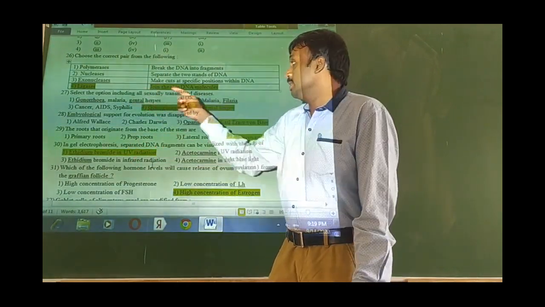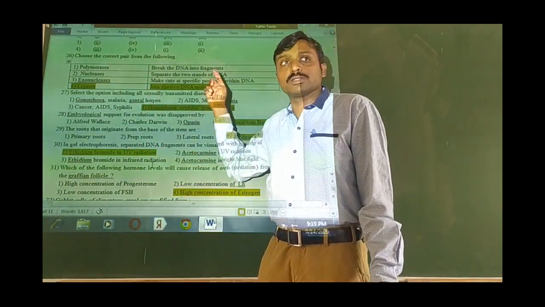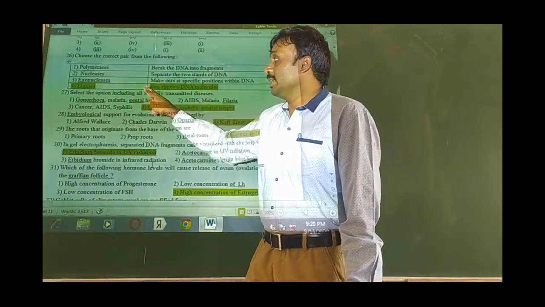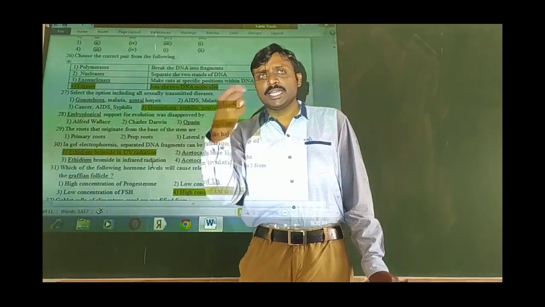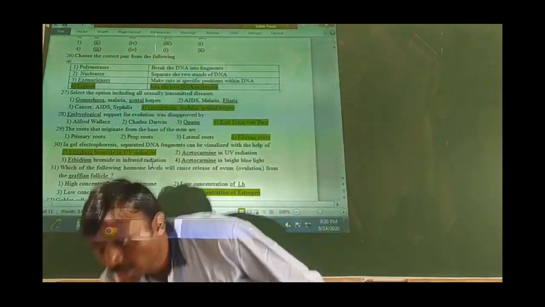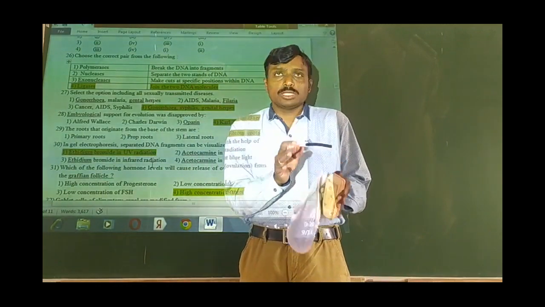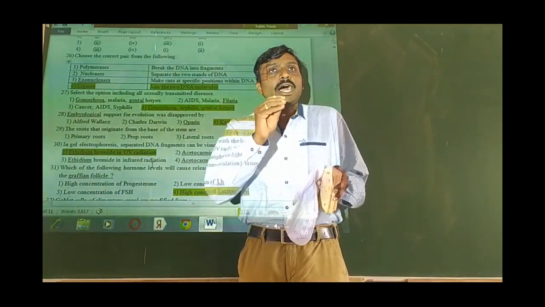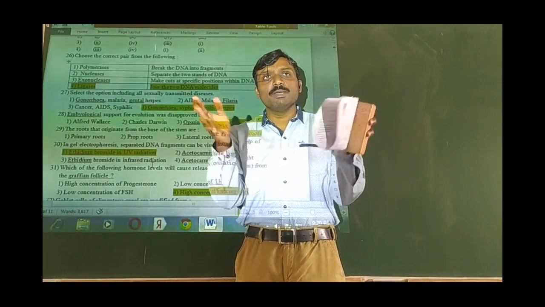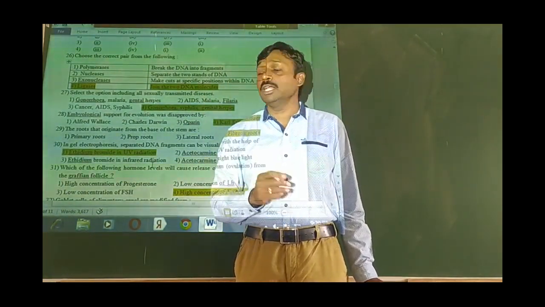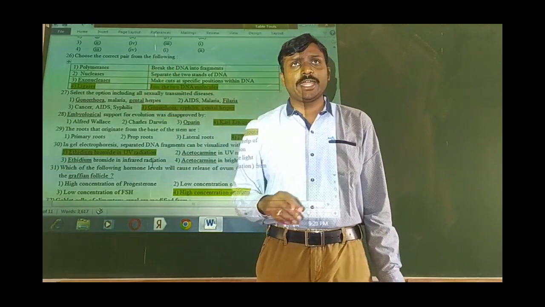Then ligases join the two DNA molecules. So this is the perfect pair. This is the correct pair. Ligases are generally called DNA ligases also. DNA ligases form bonds and join the fragments of different DNA molecules, which we learned in rDNA technology.